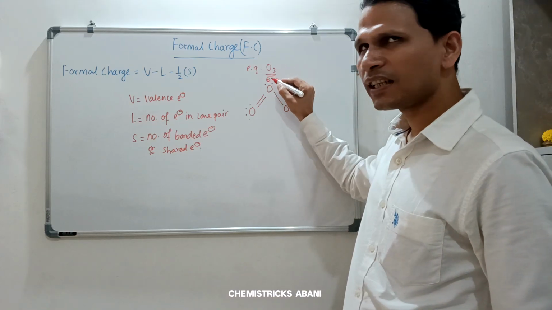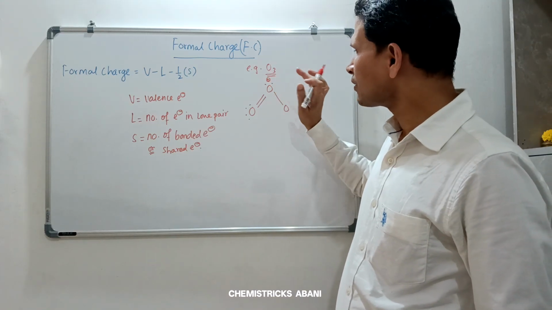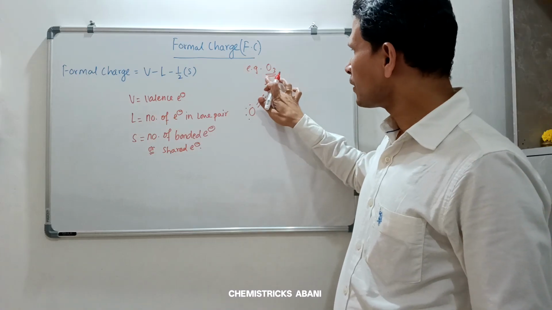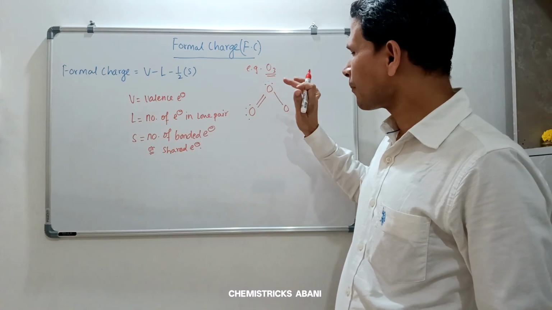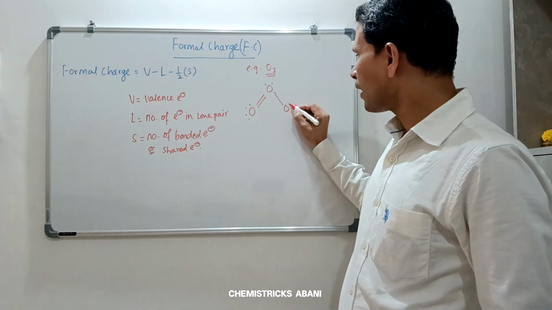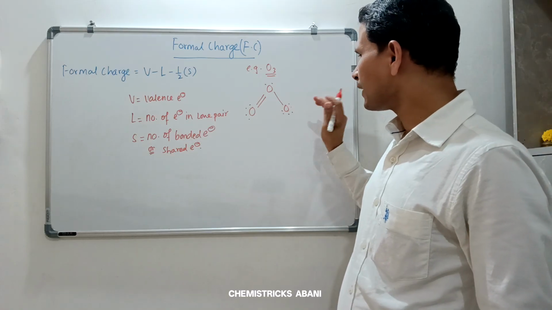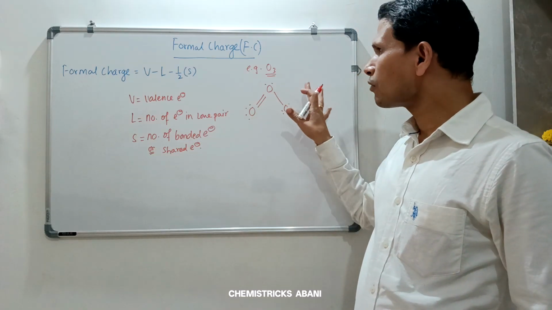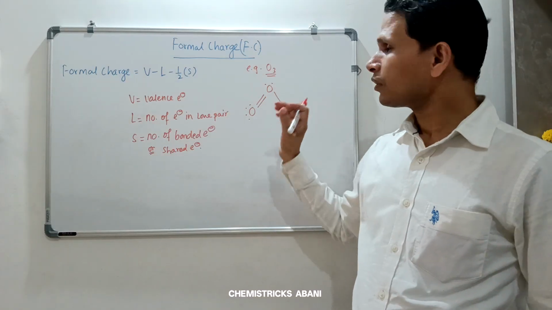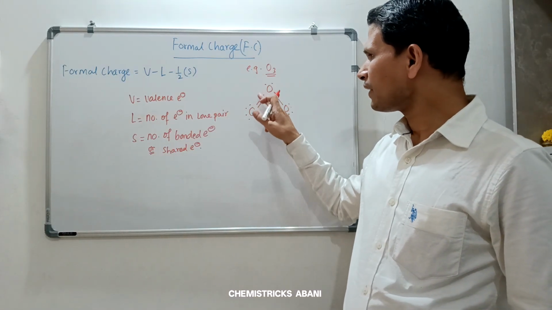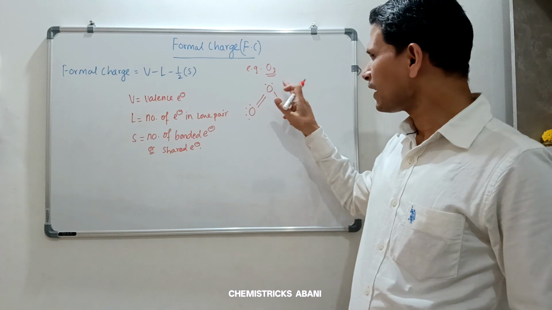This is the formal charge. We will find this charge by using this formula. For the time being, I am wiping this out, and this is the proper Lewis structure of the ozone molecule. So here we will find the formal charge on each oxygen.